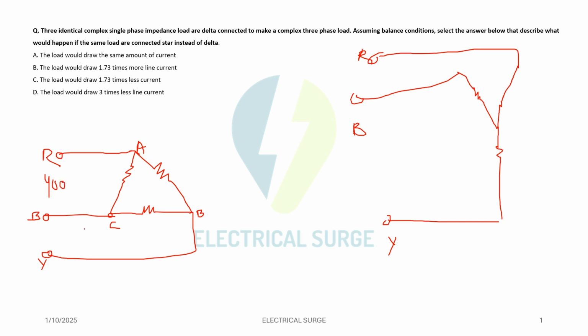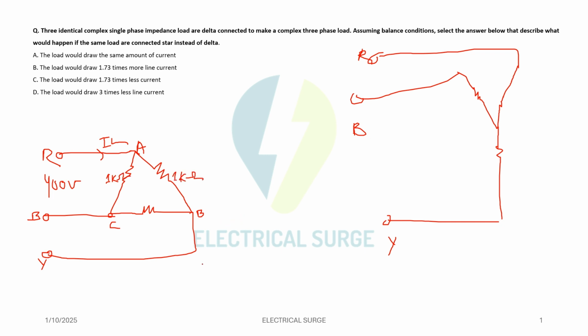Then let us calculate the line current. For simplicity, I am supposing the loads are 1 kilo ohm each phase.